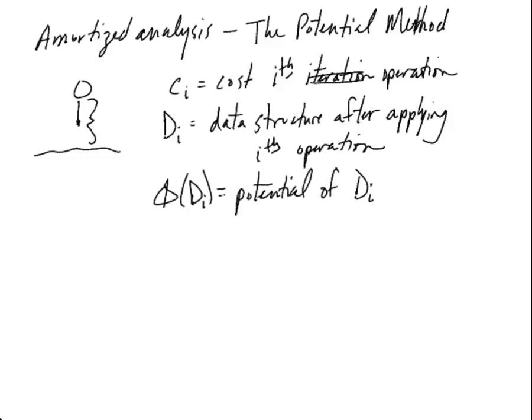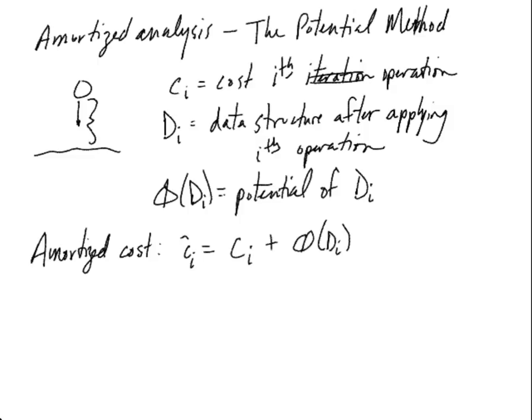And we'll now define the amortized cost to be C hat sub I, so that's the amortized cost. It's going to be the actual cost plus the change in potential. We're going to call that equation 17.2.